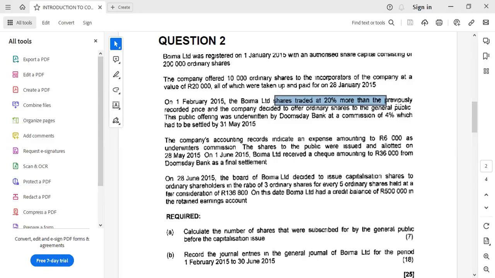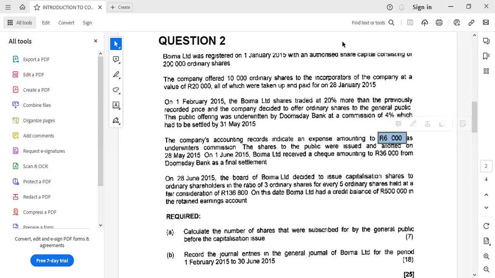There's a commission of 4%, and we are told there was a commission of 6,000.